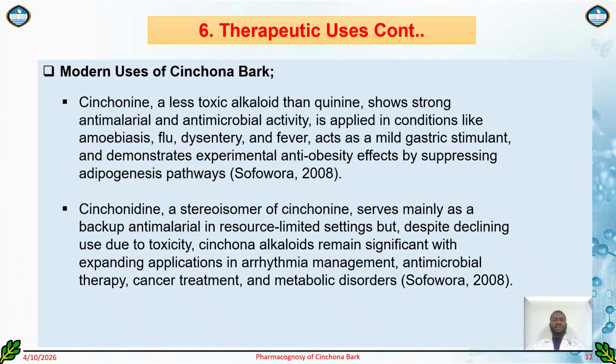Cinchonidine, a stereoisomer of cinchonine, serves mainly as a backup anti-malarial in resource-limited settings, but despite declining use due to toxicity, cinchona alkaloids remain significant with expanding applications in arrhythmia management, antimicrobial therapy, cancer treatment, and metabolic disorders.